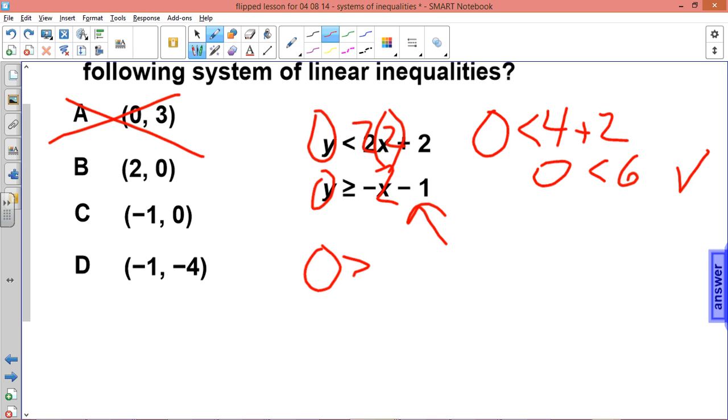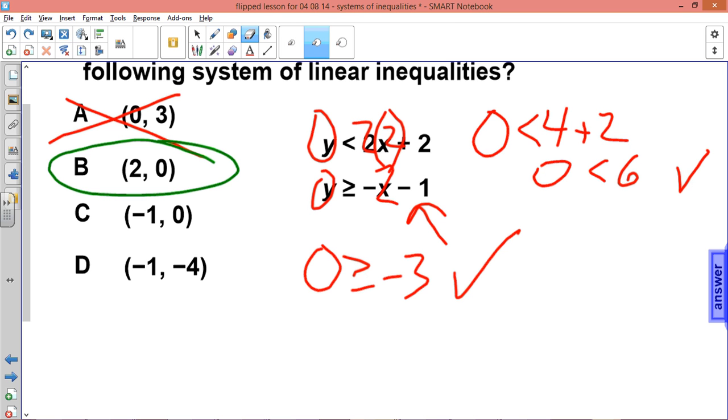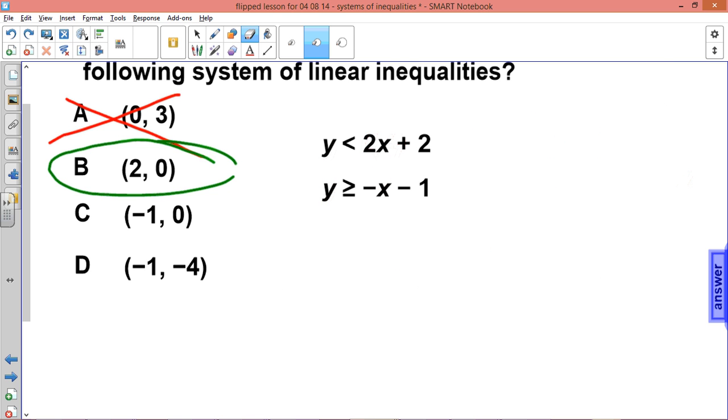This says 0 is greater than or equal to negative 3, also a true statement, so this is a solution. And I go to the next one. So really, to sum up right now, when we plug these points into both inequalities, we need to make sure that we get two true statements.